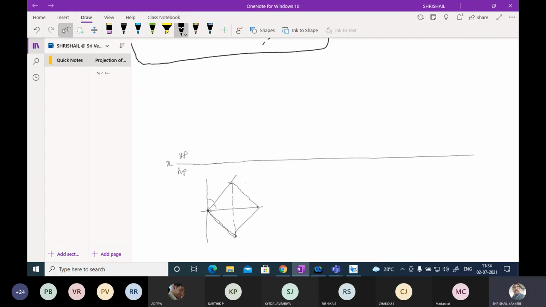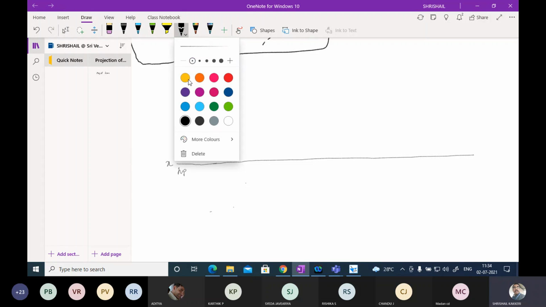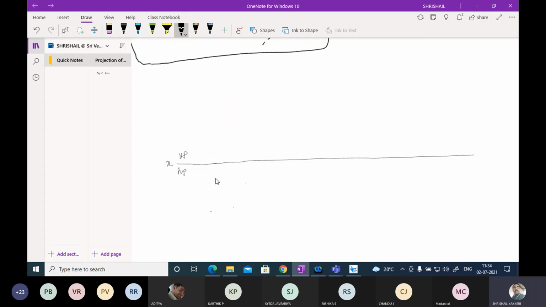Once again I'll explain. Please make the practice of writing it. You draw a thin line; all these are thin lines.